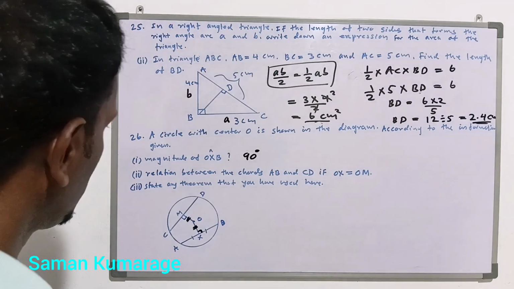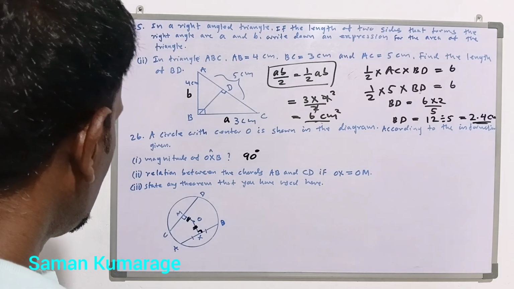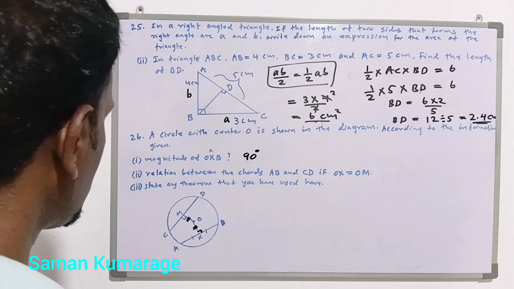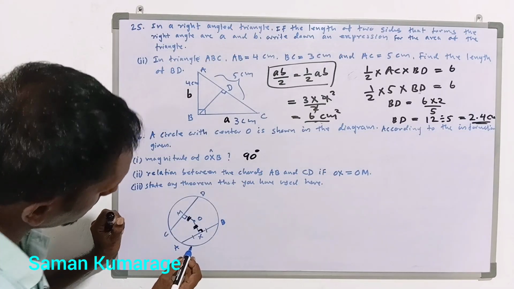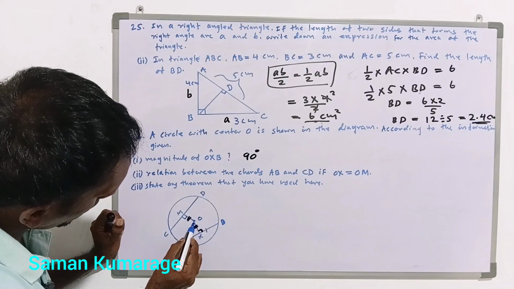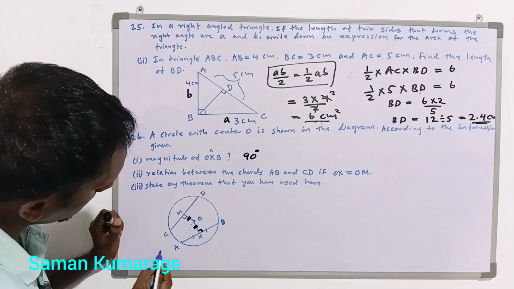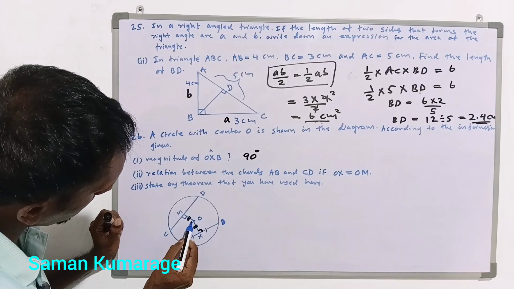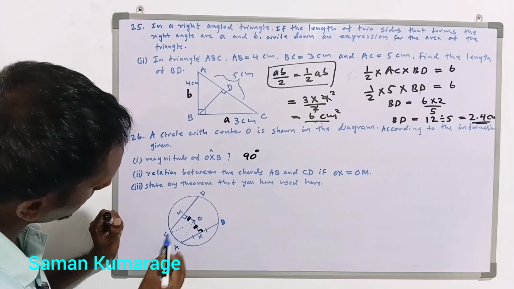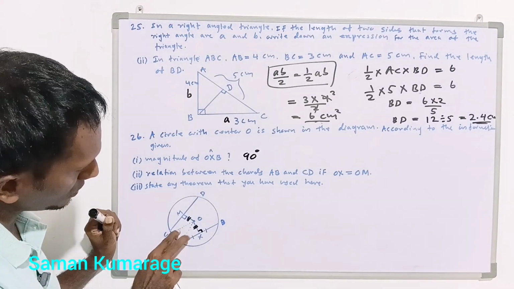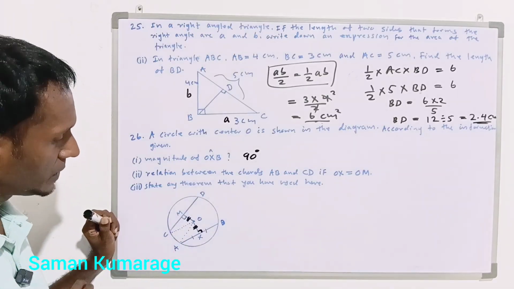For that we need to use several theorems. Let's see what it is. If you join this O and A, and here O and C, if you join it like this, it forms two separate right angle triangles.